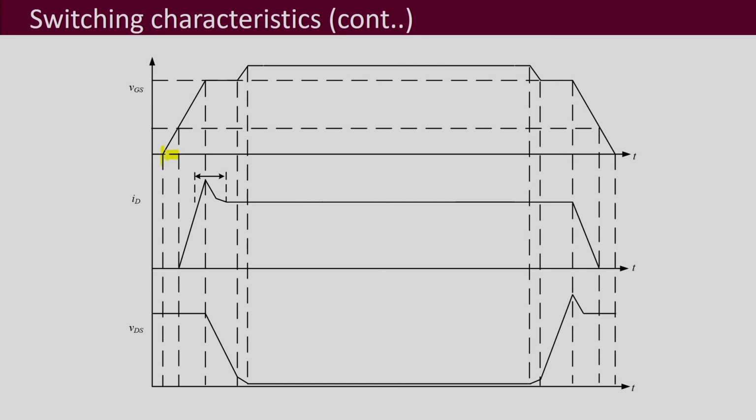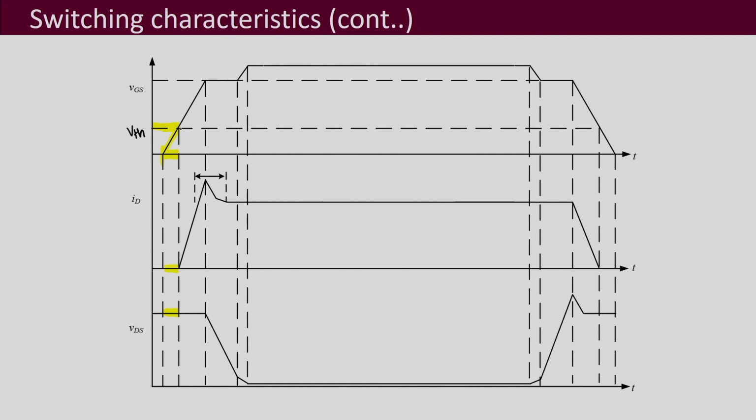This is where the gate to source voltage begins to increase. During this period, neither the current changes nor the voltage changes. There is a delay, and VGS increases until it reaches the threshold voltage, VTH.